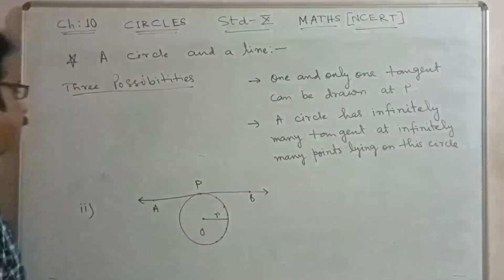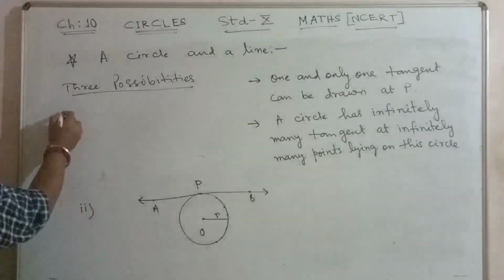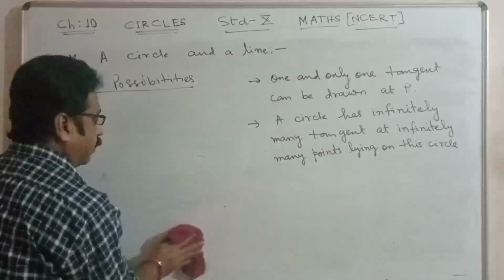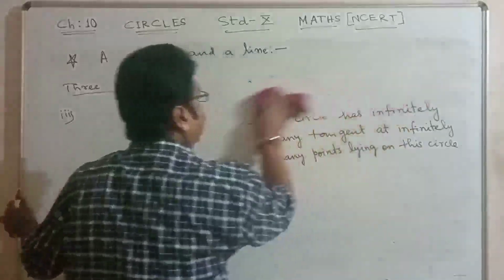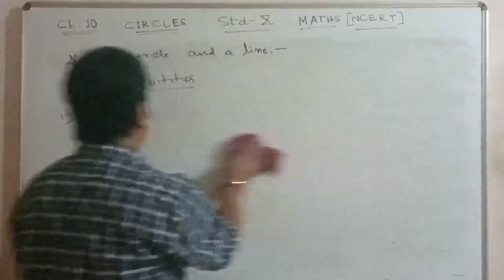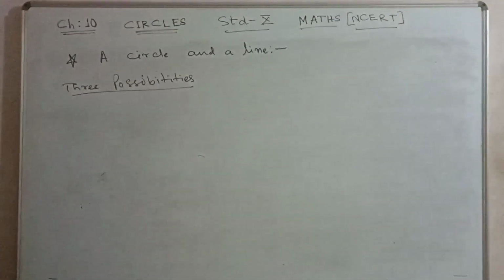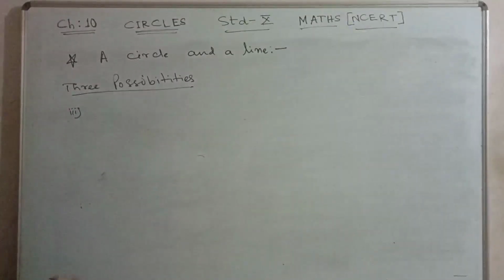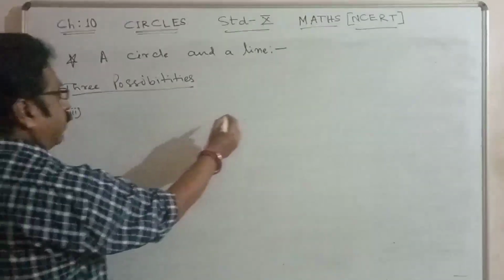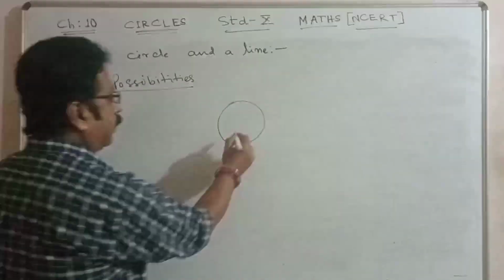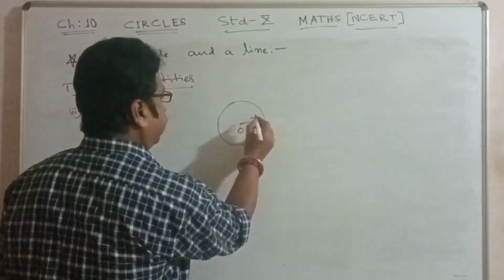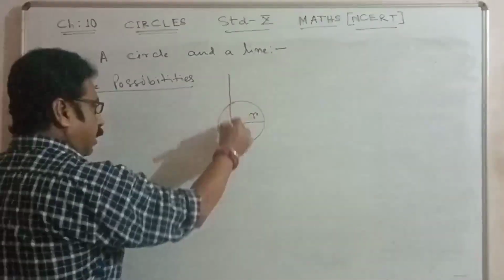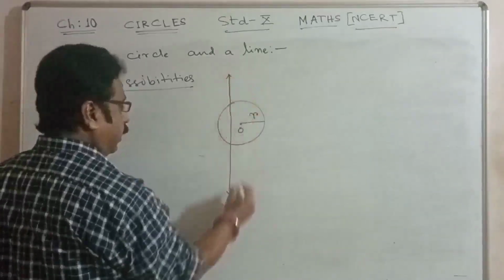Now, third possibility. Suppose this is a circle, center O, radius R. This is the line AB.